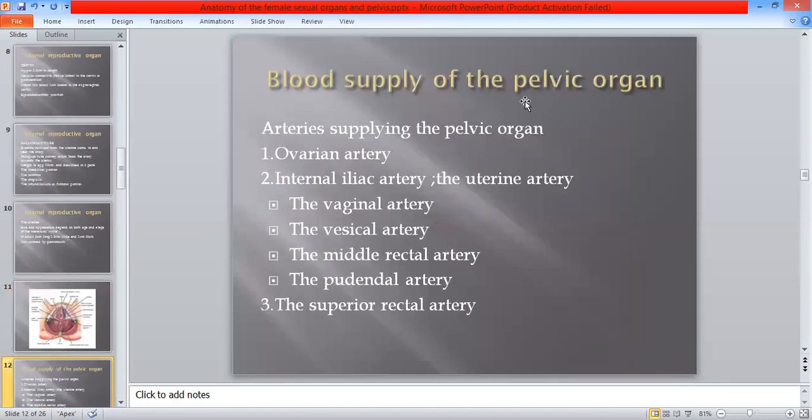The next thing is the blood supply of the pelvic organs. The arteries which supply the pelvic organs are mostly the ovarian artery, the internal iliac artery, and the superior rectal artery.